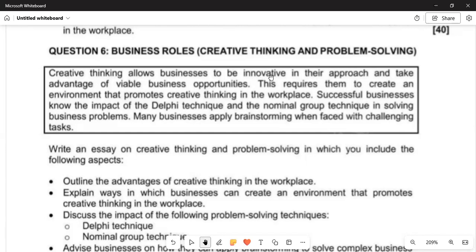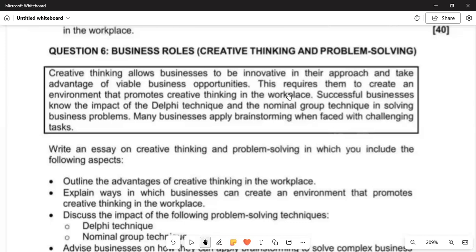This requires them to create an environment that promotes creative thinking in the workplace. So all employees are urged to be creative, to think out of the box so that they can be innovative, they can make the business grow.